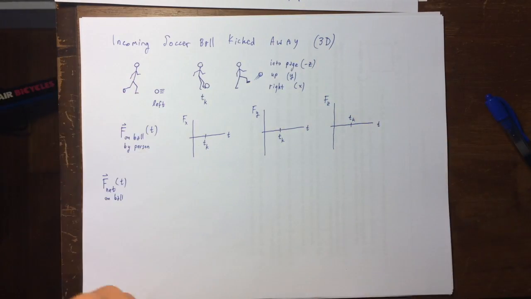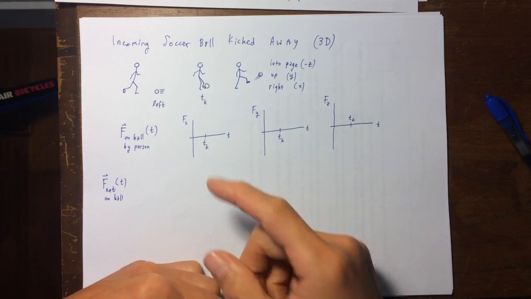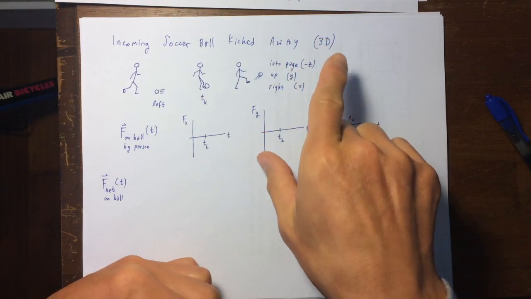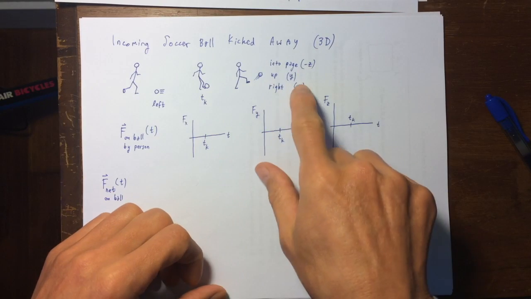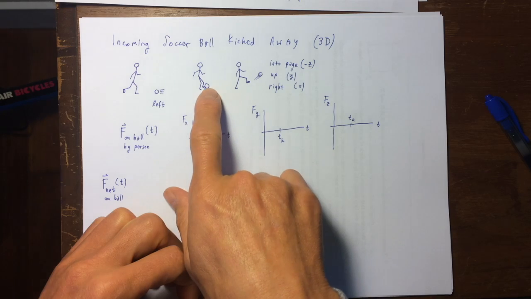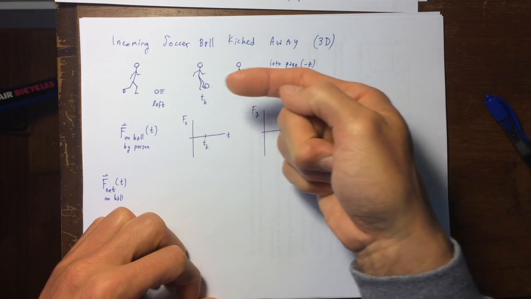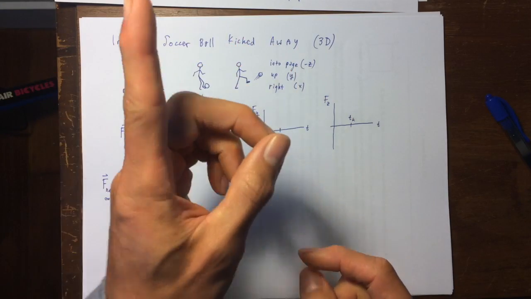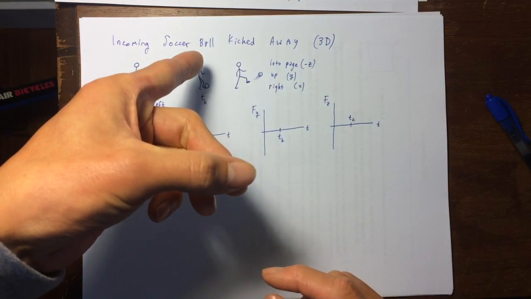Because in general, soccer games happen in 3D. They don't just happen in 1D or even just 2D. It's really 3D. So if it's 3D, then imagine the force onto the soccer ball to change its motion from being leftward to being rightward, upward, and inward all together.